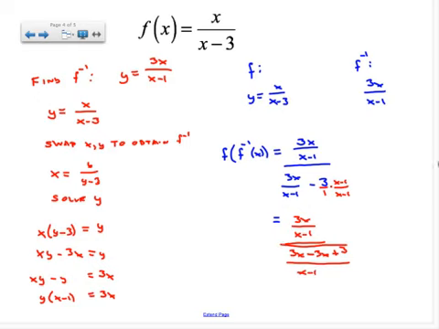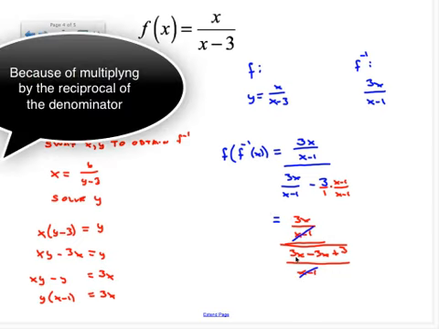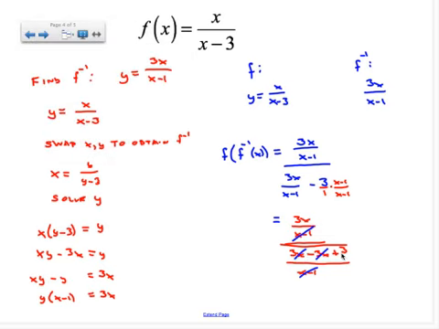Here's my compound fraction issue. These denominators will end up canceling. I have a 3x minus a 3x. Those end up canceling, and that leaves me with 3x over 3, which is x. How about that?